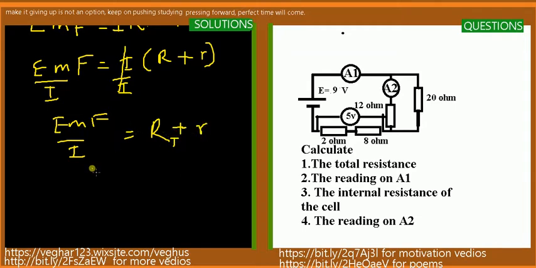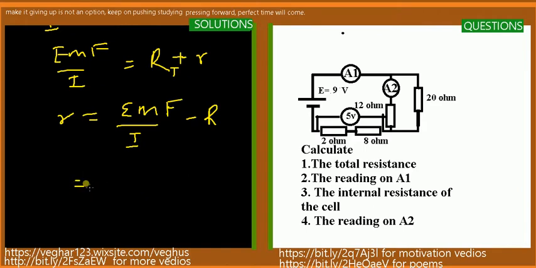Taking R to the other side, we have r equals EMF divided by the current, minus the total resistance. EMF is 9, the current is 0.5, minus the total resistance, which is 17.5.